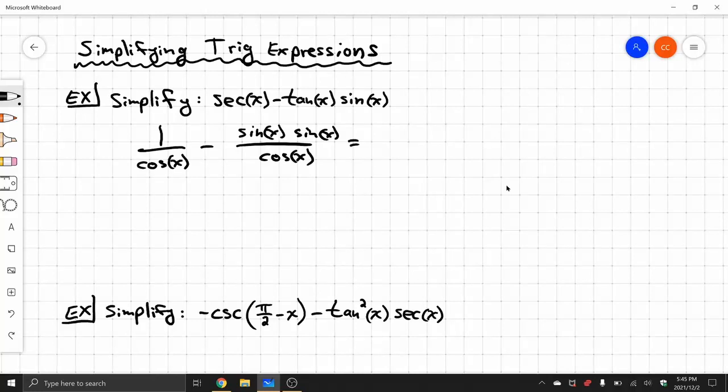So here I have 1 minus sine squared of x over cosine of x, okay?